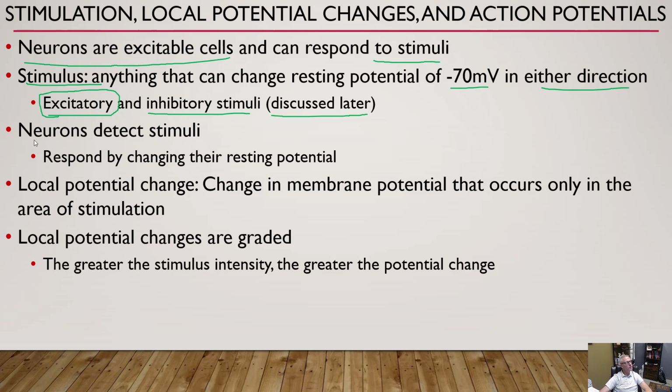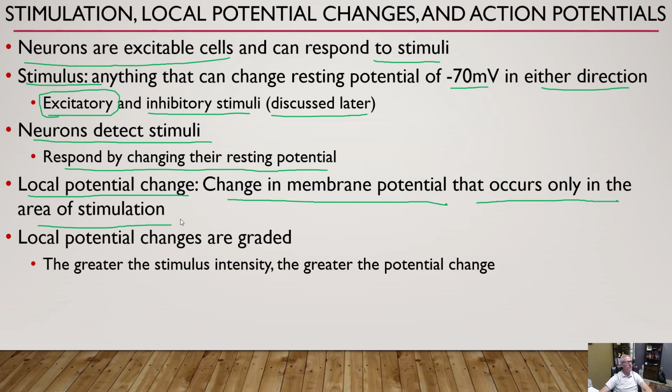So neurons are going to detect that stimuli, and they're going to respond by changing that resting membrane potential. So we're going to have this local potential change. So we're going to have that change in membrane potential that occurs in that area of stimulation. And these local potential changes are graded.